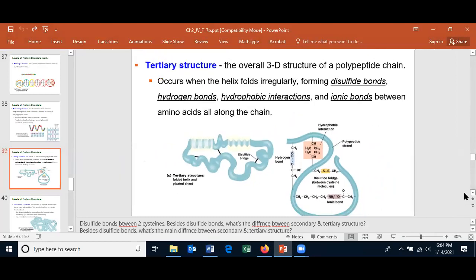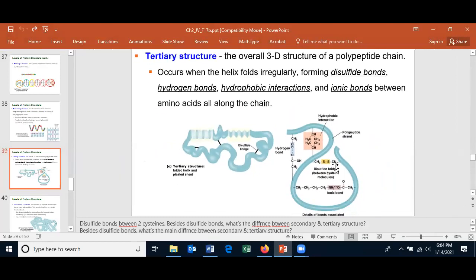This bond is really strong because it is a covalent bond between this amino acid and that amino acid. It's much stronger than a hydrogen bond, for example, forming between this amino acid and that amino acid.